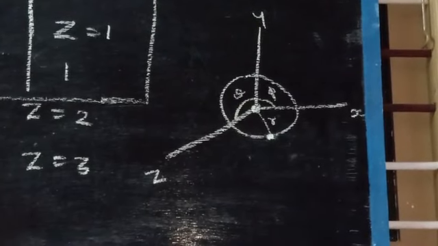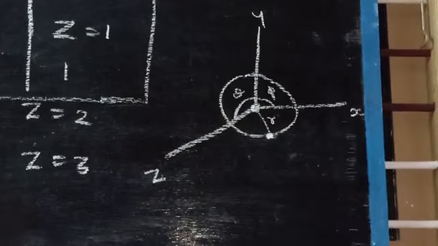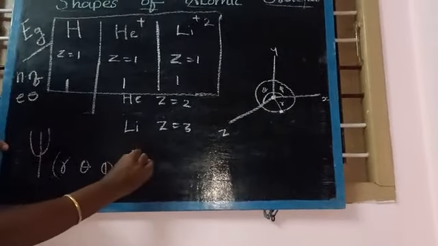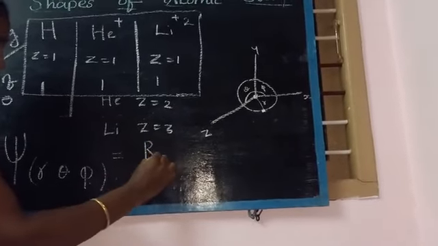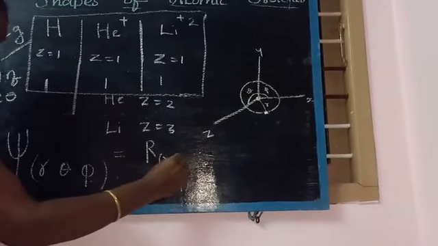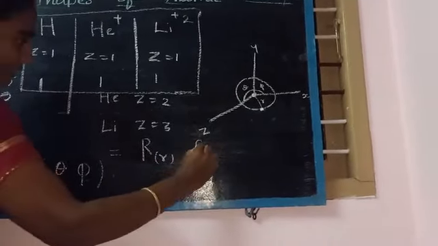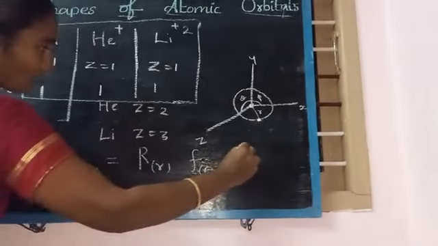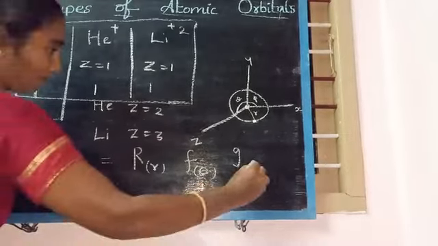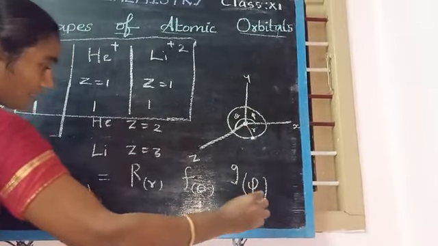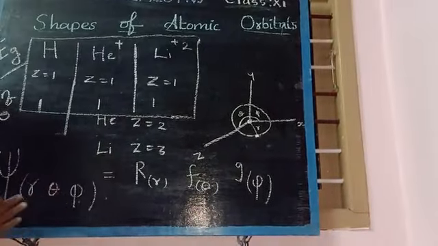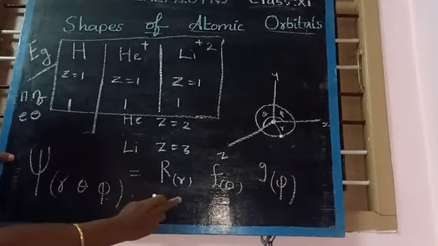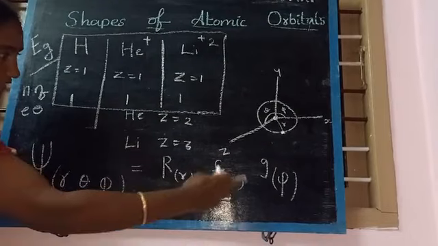So r, theta and phi are the three coordinates, and psi equals capital R(r), then F(theta), and G(phi). Are you clear, children? So the equation for the wave function is psi equal to R(r) F(theta) G(phi).